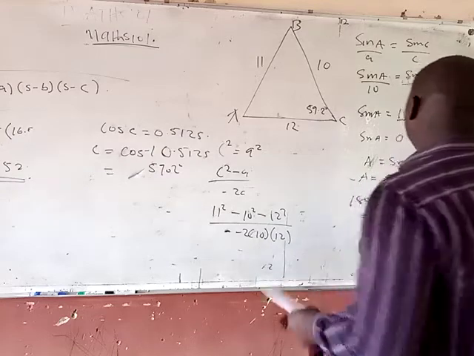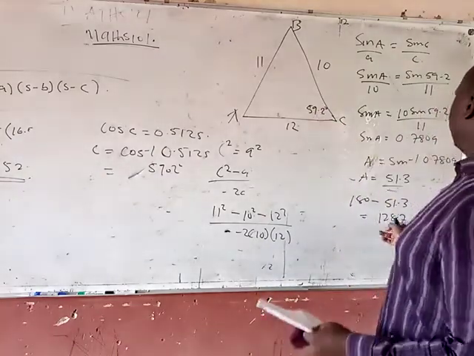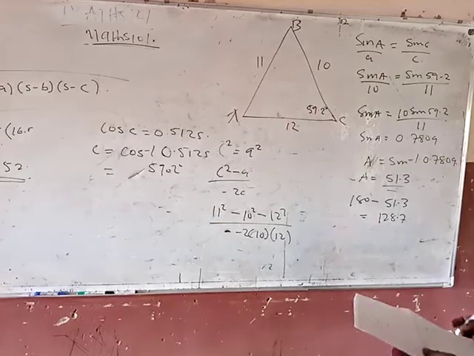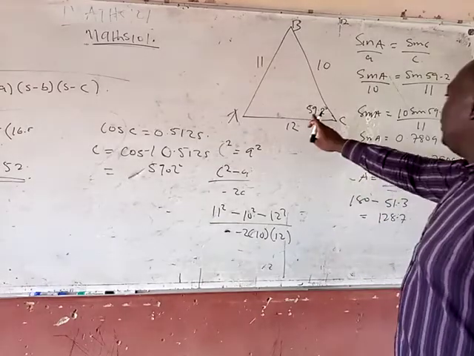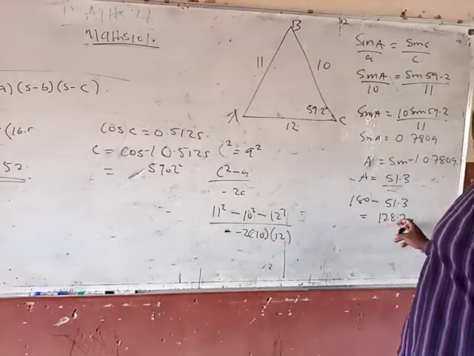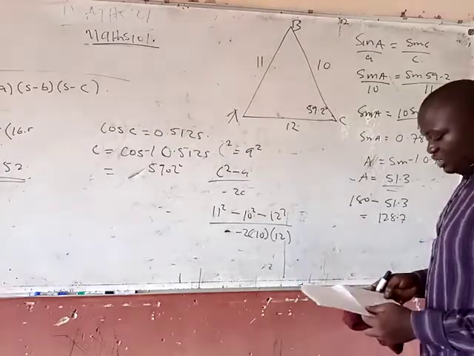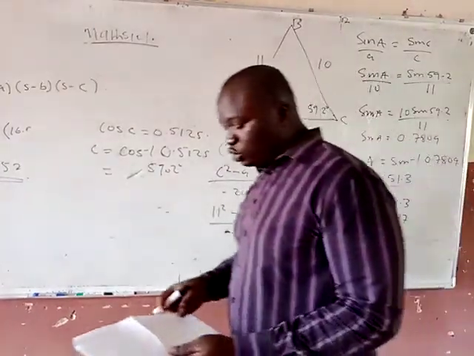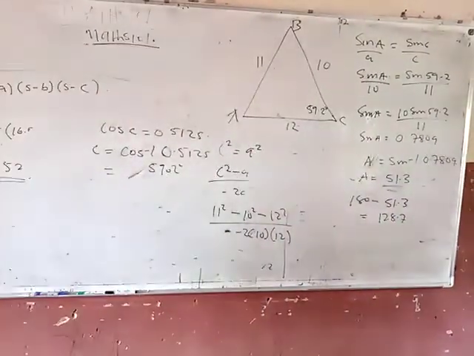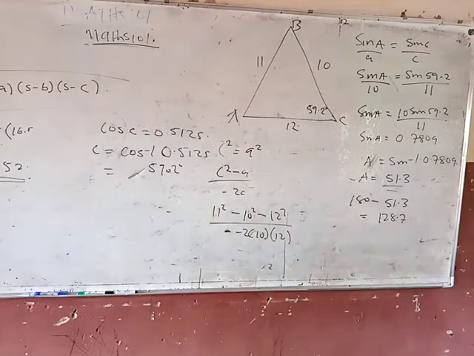The next thing is to add this into this. Is it greater than 180? Yes. If you add 59.2 plus 128.7 it is greater than 180. So it does not have two solutions. It only has one solution.